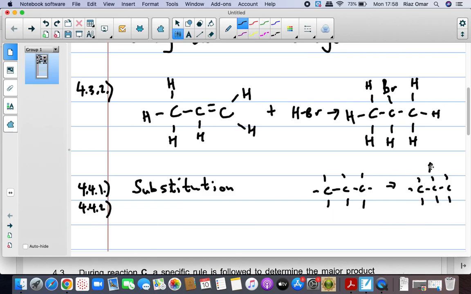That means the hydrogen is going out and the bromine is going in. So you'll have to work that out so that we know what's happening.